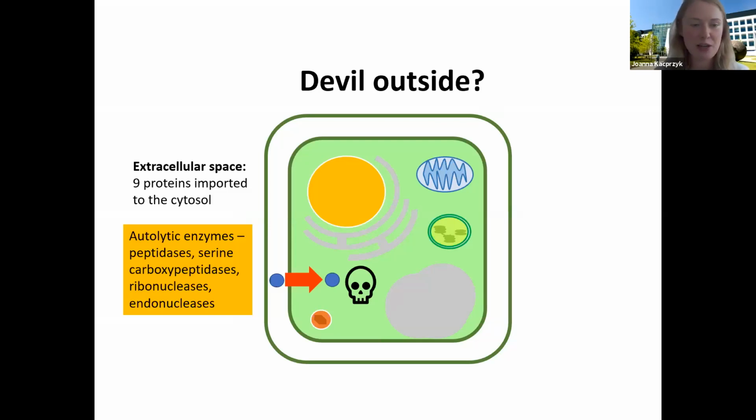There are peptidases, ribonucleases, endonucleases there. So these guys could be damaging in the cytosol of healthy living cells. So they might be kept in the apoplast, but it would make sense for them to be reimported to execute the PCD after the trigger.